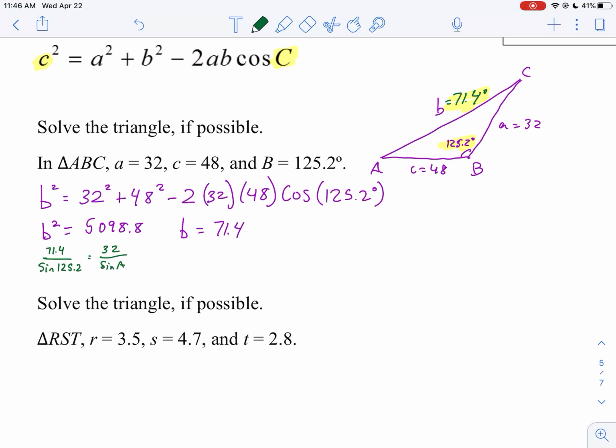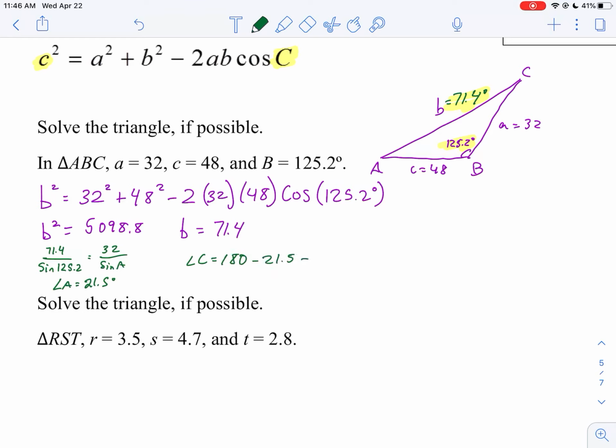So we can then set that up, cross multiply and divide. I don't have that number written down, but then we can do the inverse sine, and we can find that angle A equals 21.5 degrees. And once we know that, we can find angle C. We have two of the three angles in the triangle.